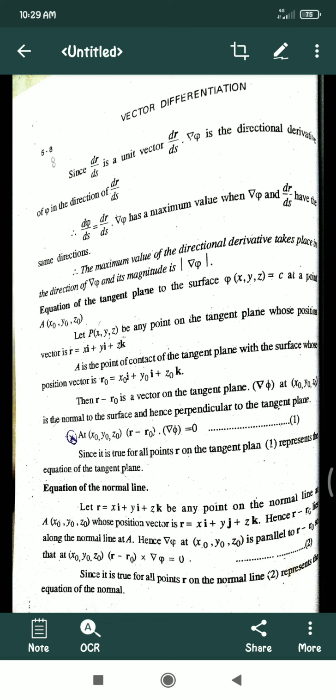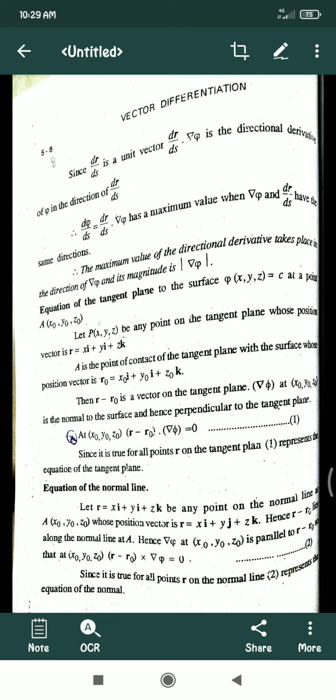Let P(x, y, z) be any point on the tangent plane whose position vector we have to mention, because we are finding the tangent equation. So the position vector is r. We already know what r is: r equal to xi plus yj plus zk. At the point of contact with the tangent plane, x, y, z is converted into x naught, y naught and z naught.